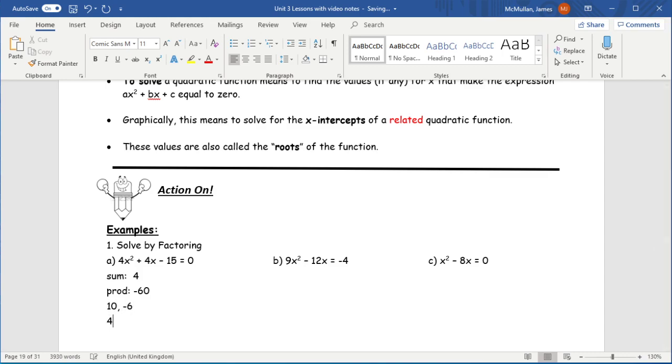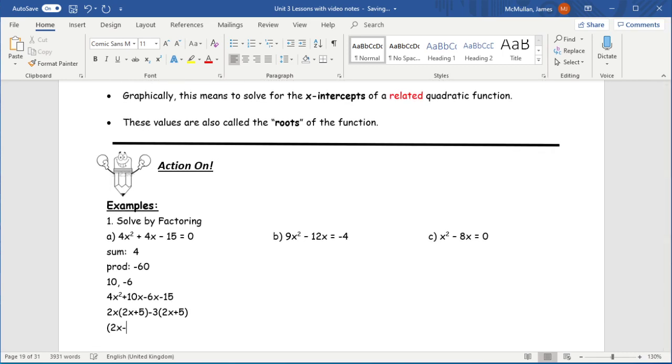So if you go ahead and do your decomposition, you get 4x squared plus 10x minus 6x minus 15. You go ahead and group, you get 2x plus 5, minus 3, 2x plus 5, and then you have your 2x minus 3 and 2x plus 5.